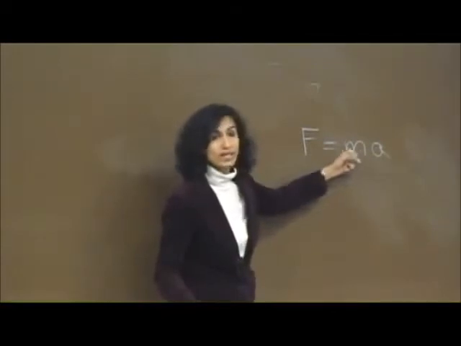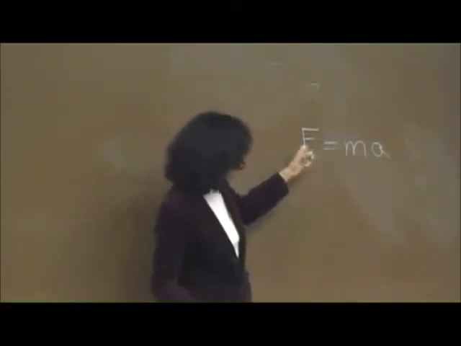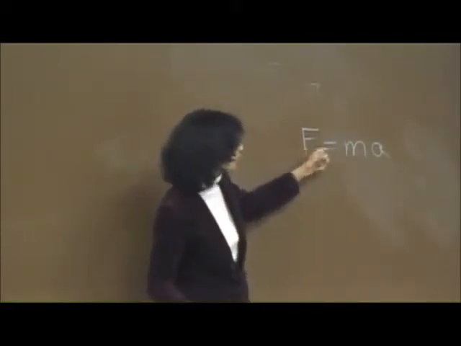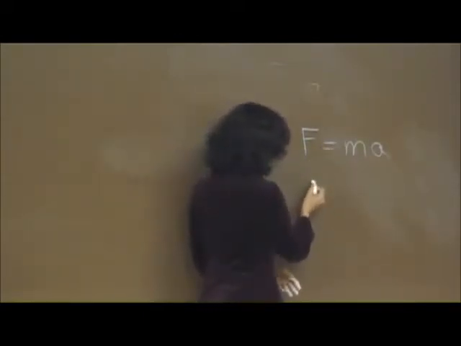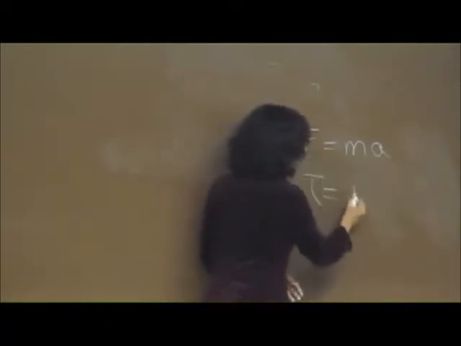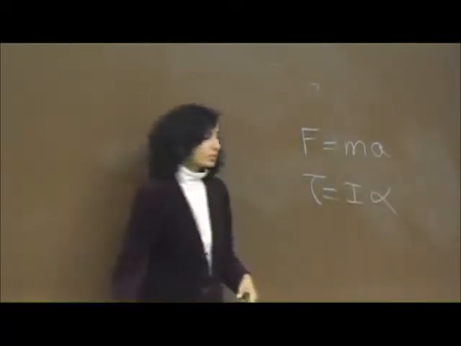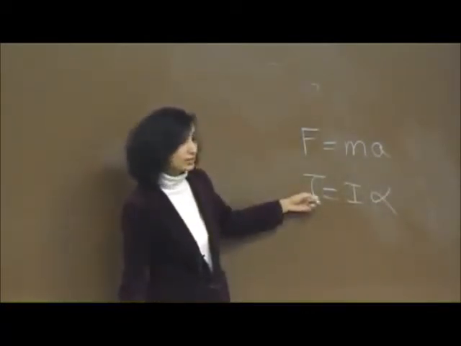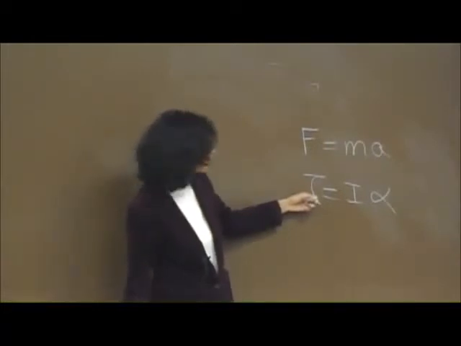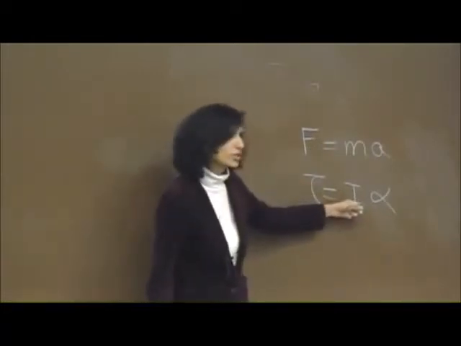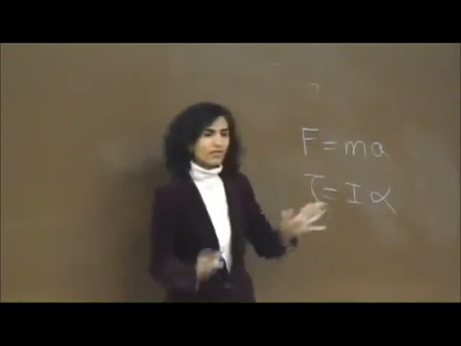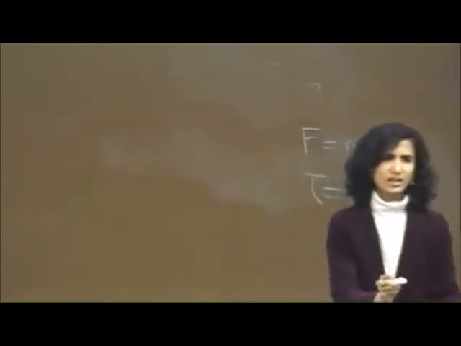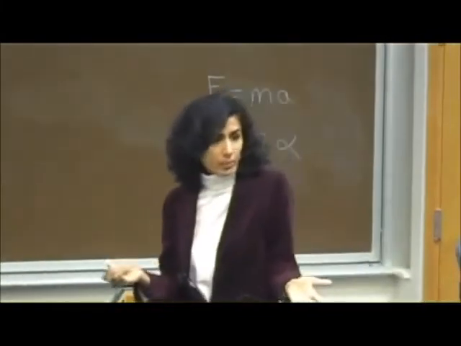Will anybody say that the force on an object depends upon mass? No. But when you ask the same thing in this form, when you say torque is equal to I alpha, many times people don't have a physical feel for what torque means, and then if the question is asking, does torque depend upon the moment of inertia? Obviously it doesn't. If I'm applying a force on an object, it's an external force that I am applying, right?